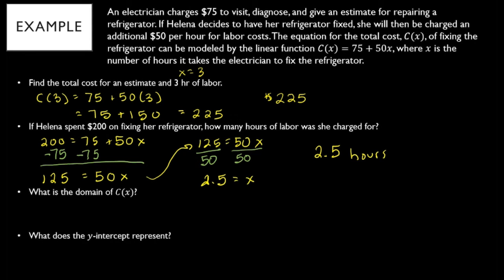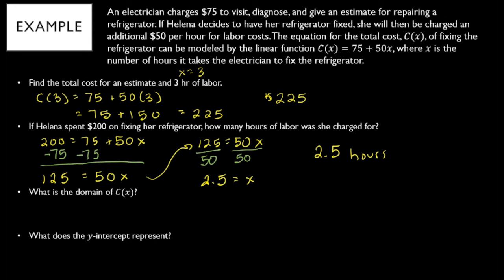Now the next question says, what is the domain of C of x? So the domain is the values that you would be plugging in, or what the input values are, the values that would make sense for your input. So our input are hours it takes the electrician to fix the refrigerator. We certainly are not going to be plugging in negative, because it doesn't make sense to have negative time.